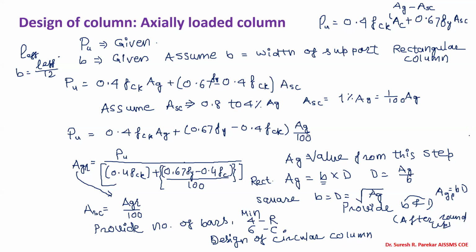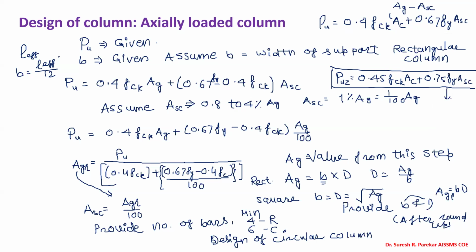Examiner may ask you what is the formula for purely axial load. So for purely axial load, Puz is 0.45 fck Ac plus 0.75 fy Asc. So this is purely axial, no moment.